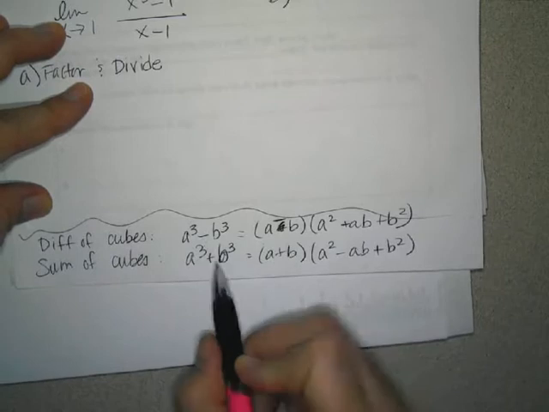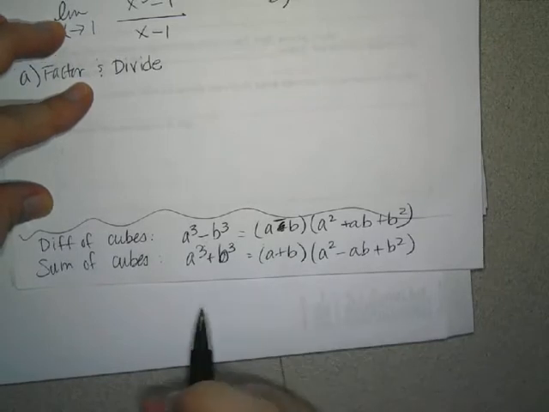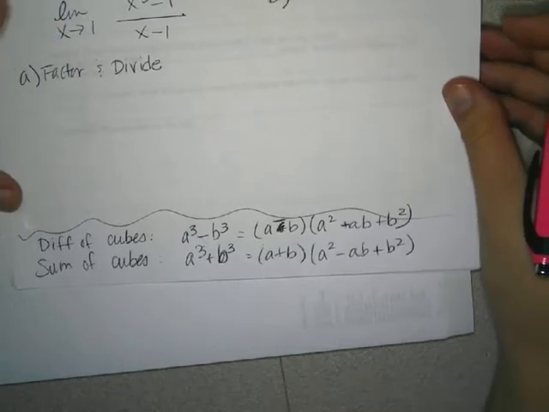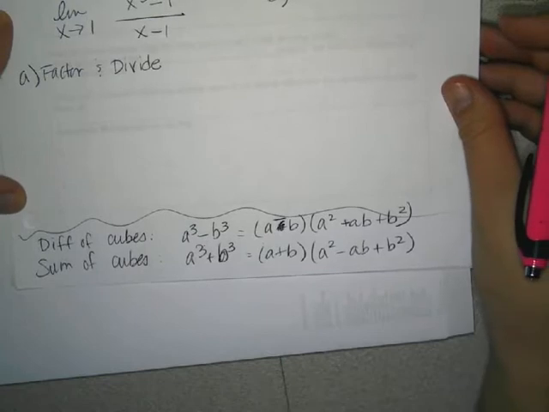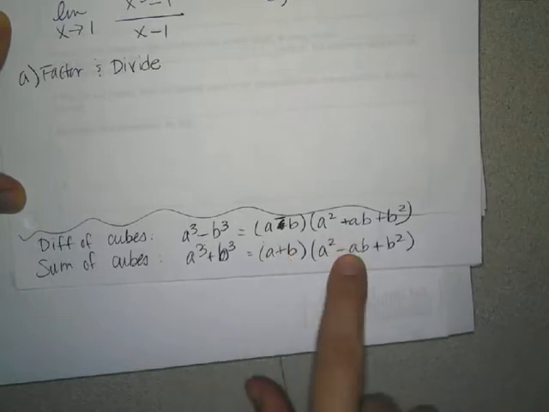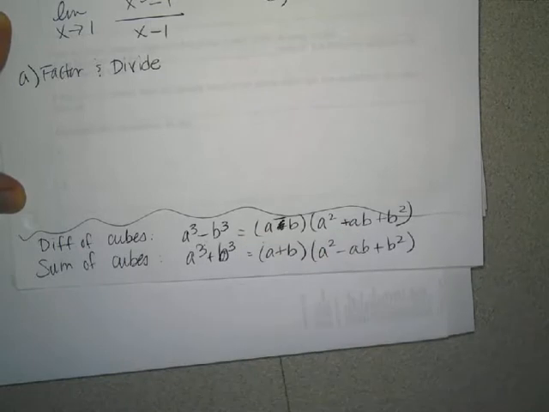When it's a plus, it should be a plus here. They just flip-flop between the two factoring patterns.